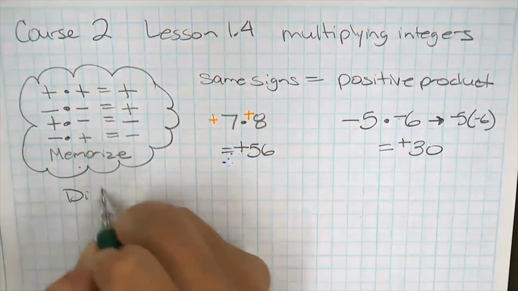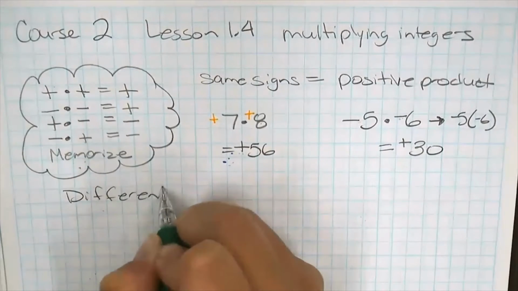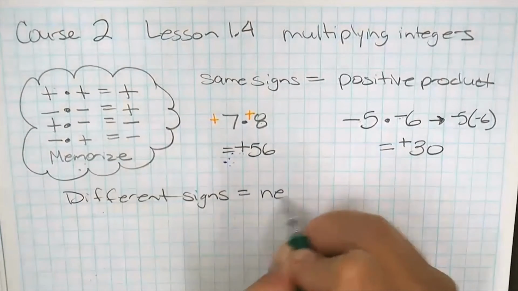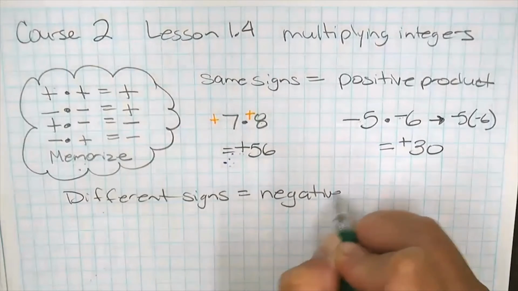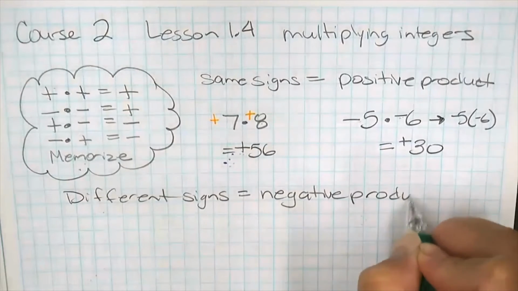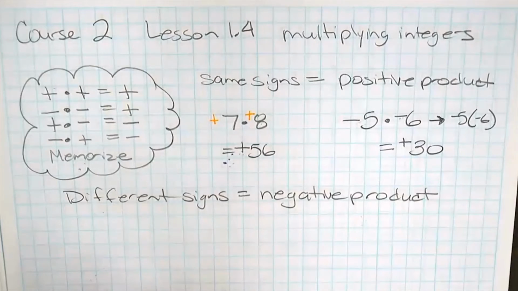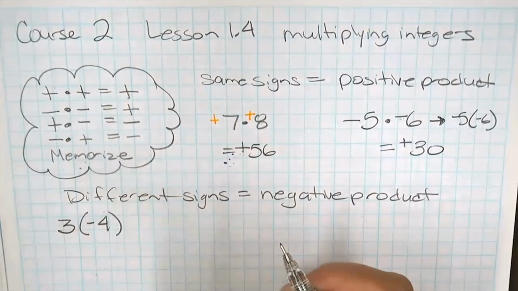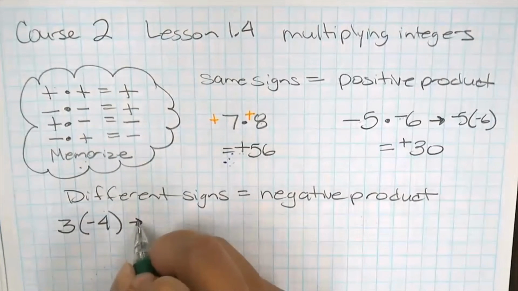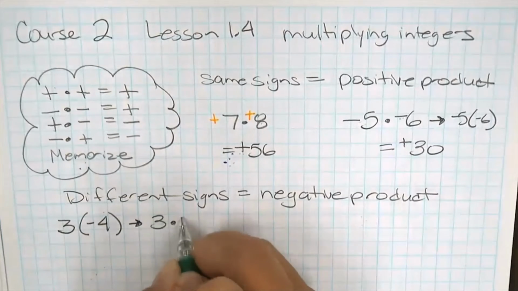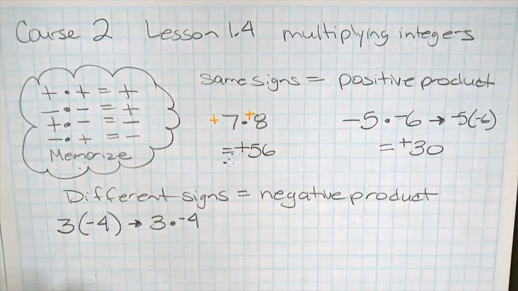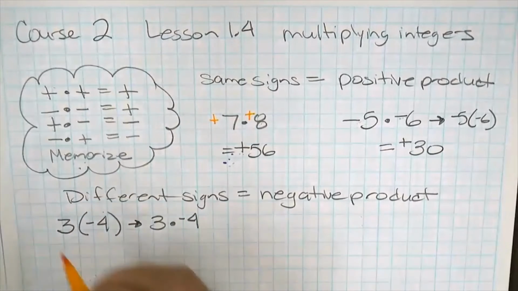Now, if we have different signs, we're going to have a negative product. So we have positive 3 times negative 4, and it could look like this. They're both the same thing. Remember, if we don't have a sign in front of the number, it is an implied positive.